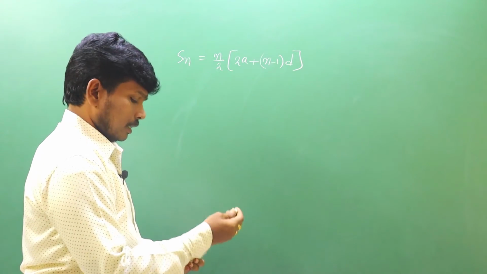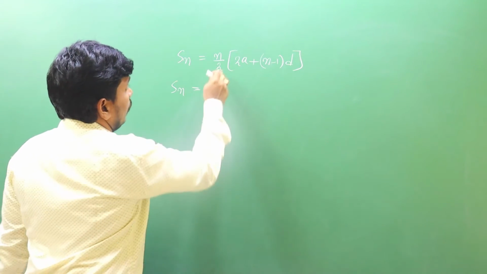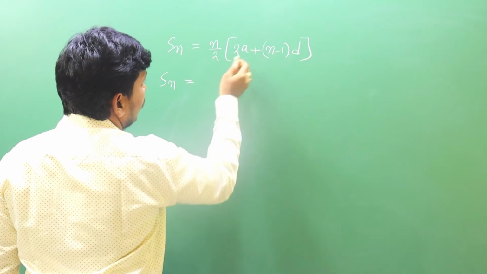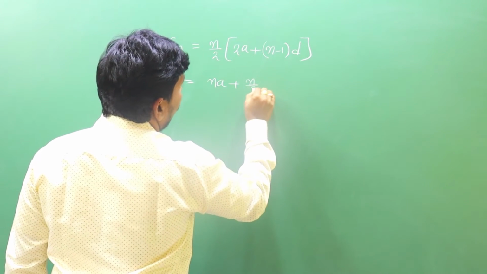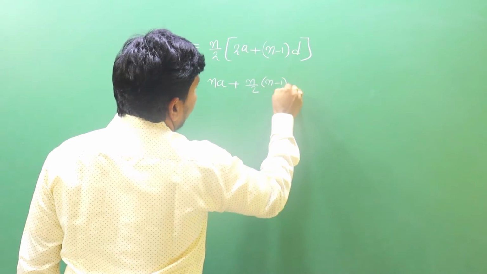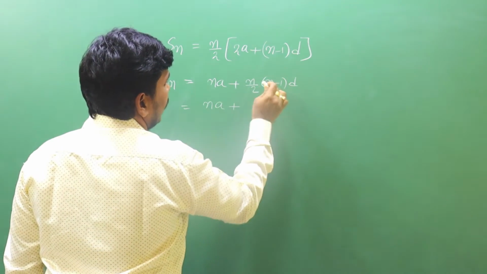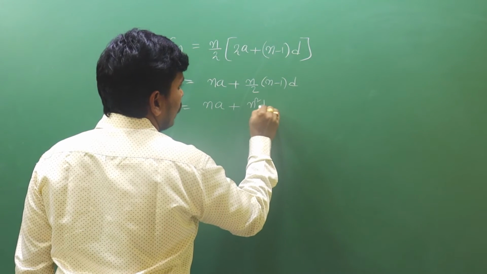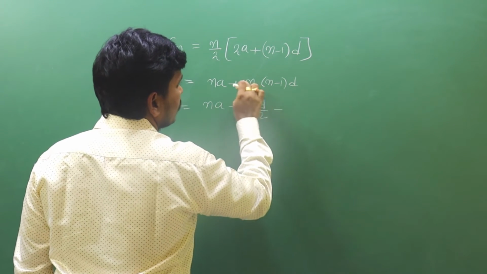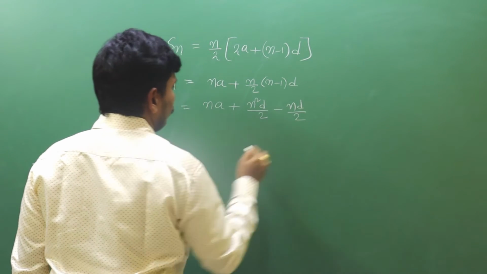Now observe here, one expression I get from this: multiply with n by 2, you will get na plus n by 2 of n minus 1 into d. Multiplying, na plus n square d by 2 minus nd by 2.